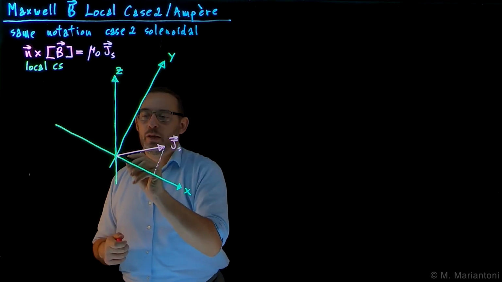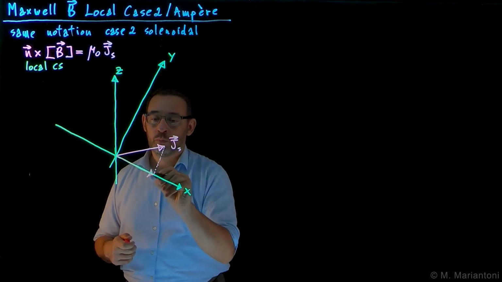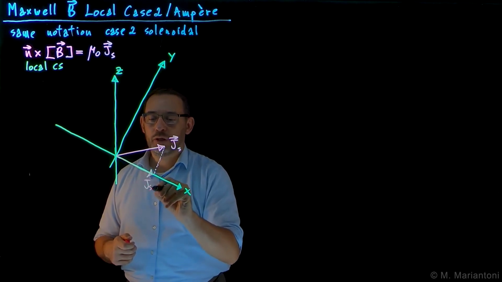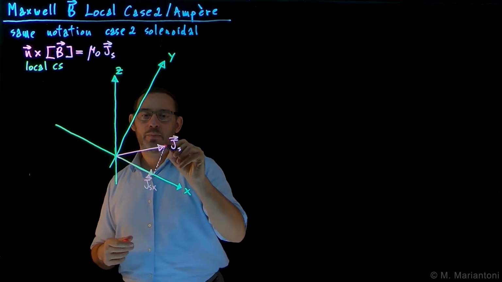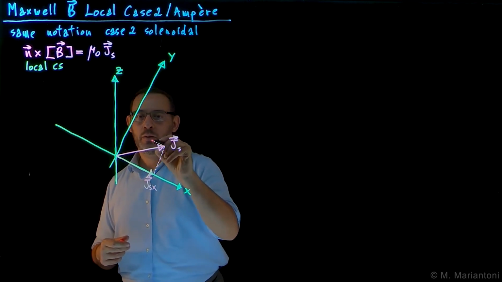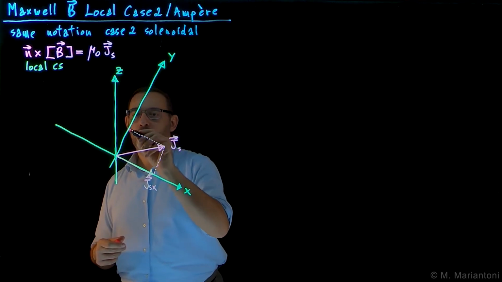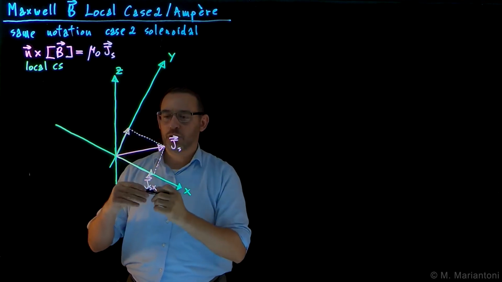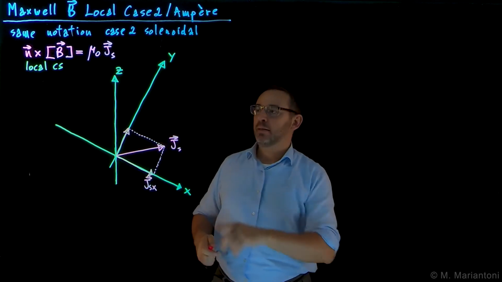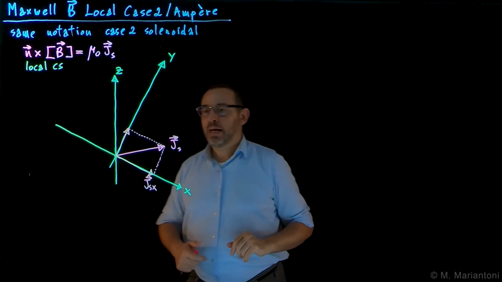So there will be a component of the Js vector along x, and similarly here, there will be a component. I will put it later because there will be more things, so I don't want to overload the picture yet. This will be the y component, of course, of Js.